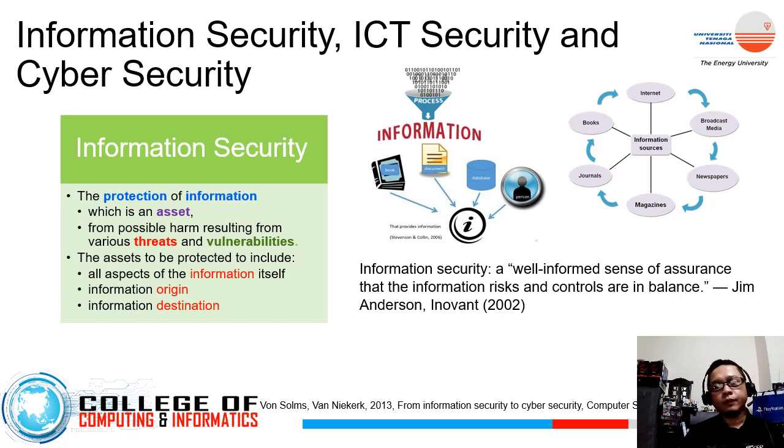For example, you have access control, authentication, and passwords. Those are controls. So in information security, you understand the risk that comes with the use of information, and also you understand that proper control needs to be in place to protect the information. So that is information security.